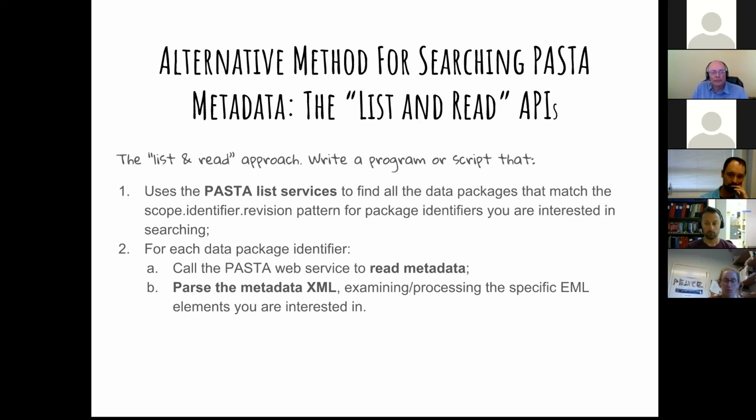So it is entirely possible to write a script or program that, through a series of PASTA Plus web service calls, finds the set of data package identifiers you're interested in, perhaps all the data package identifiers within a specific scope, including older revisions of those data packages, and then reads each of those data packages one at a time, parsing and extracting whatever metadata from them that you're interested in searching on or doing additional processing on.